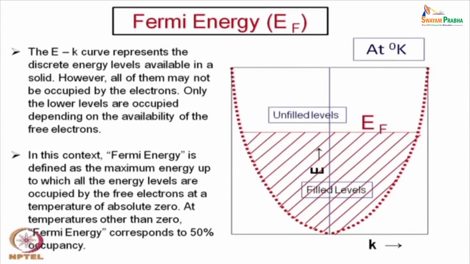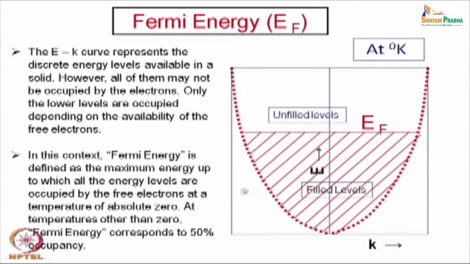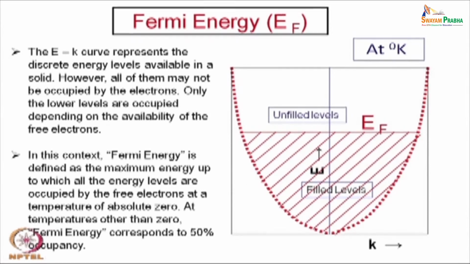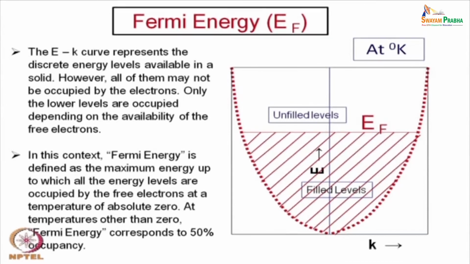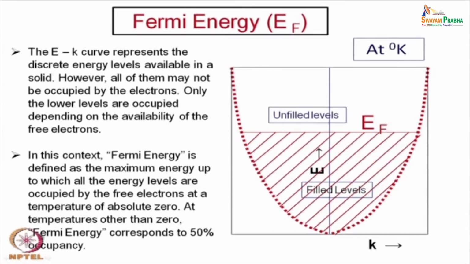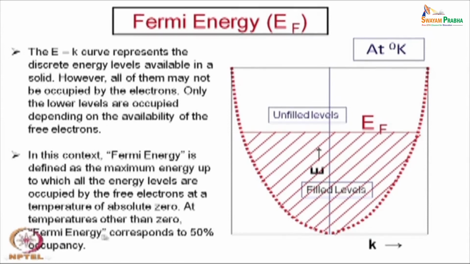However, we will see afterwards that this energy is a kind of constant, and at higher temperatures the occupancy changes, but the energy level remains the same. Another way to define this energy is that it corresponds to about 50% occupancy.